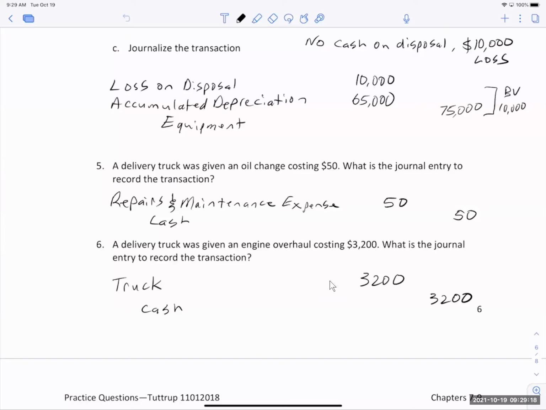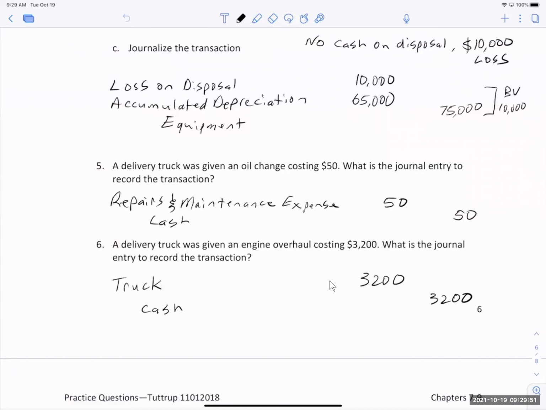Now, because that apparatus he put on that truck increases the productivity of what that truck can do, that apparatus would be a debit to the asset truck. So again, if the cost increases its useful life, say it had a life of 5 years, but now you put an engine in it and it extends to 3 more years, that's going to be asset truck.